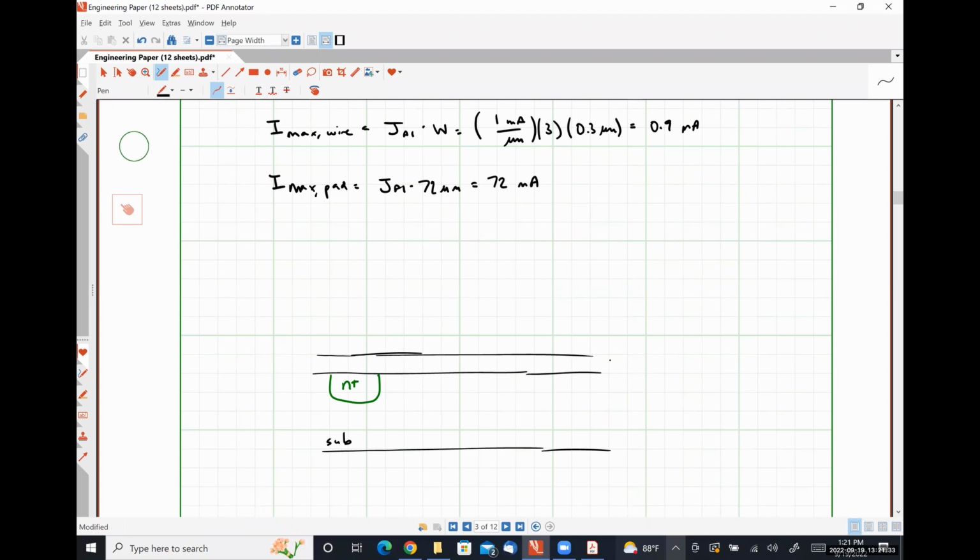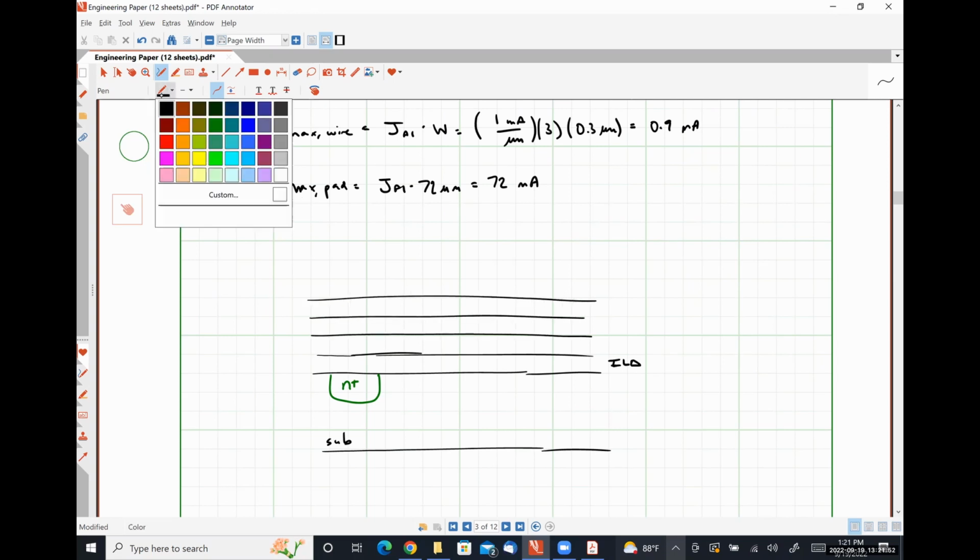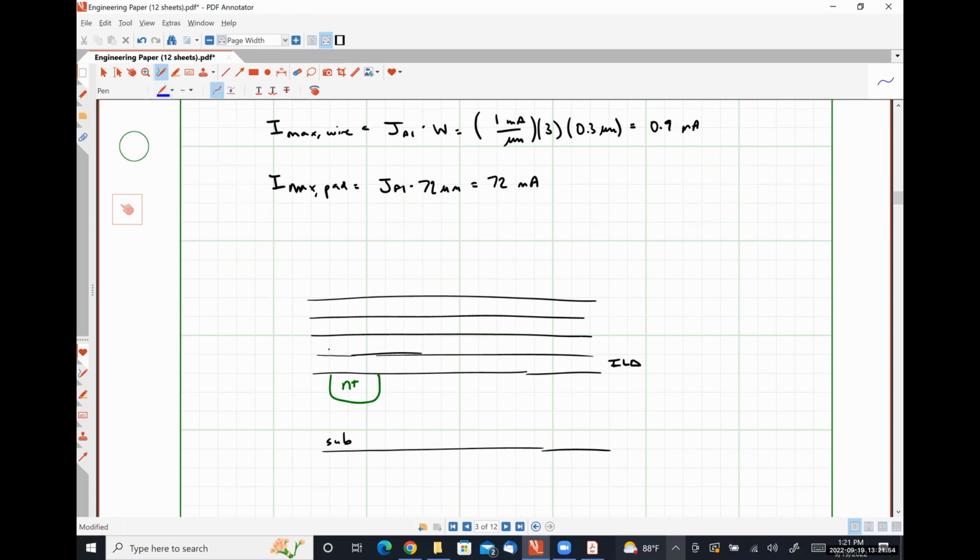Here's our first interlayer dielectric where the poly and poly 2 layers exist. We don't have to go through those two, okay? But if we wanted to, here's our second interlayer, etc. So this is where metal 1 exists.